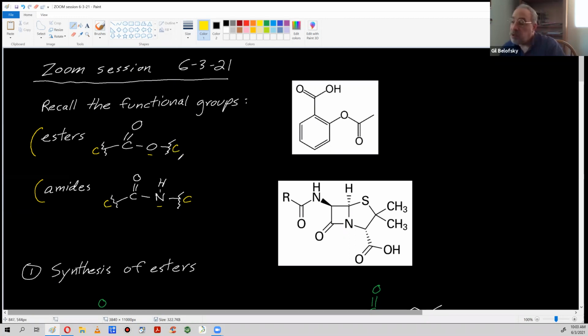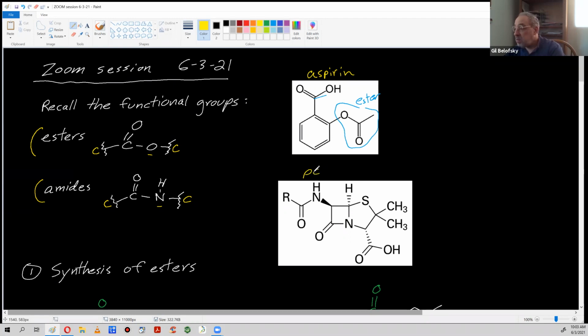These are really important functional groups in nature. Really, all of this goes back to nature. Aspirin has an ester functional group, right? It also has a carboxylic acid functional group here.